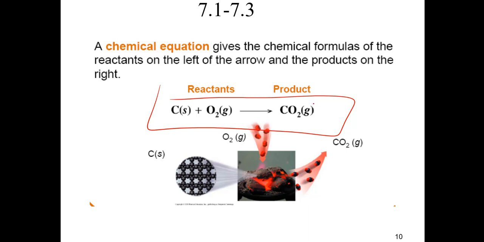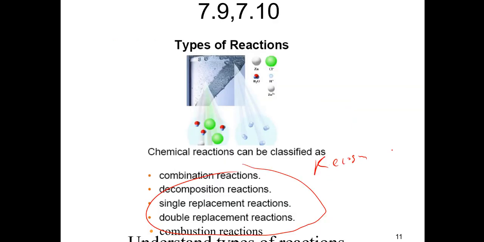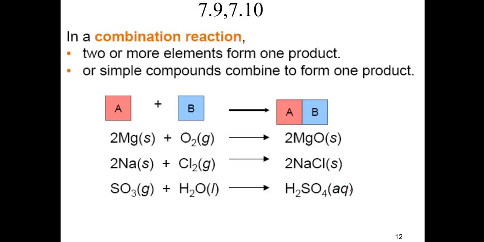In this case, this one right here can be considered a combination reaction. It also has another classification called a combustion reaction. So let's go through patterns so you understand, after you memorize these terms, you understand what to look for.